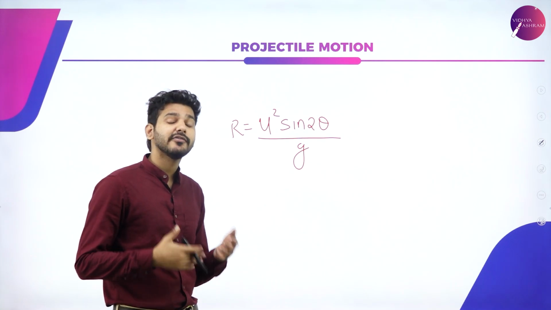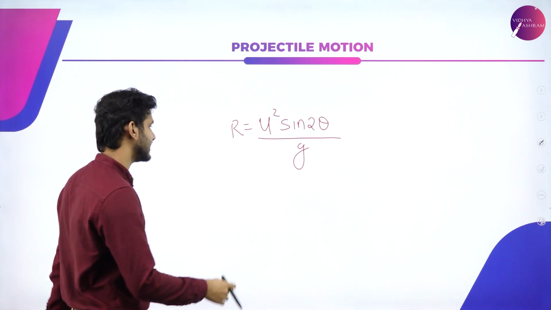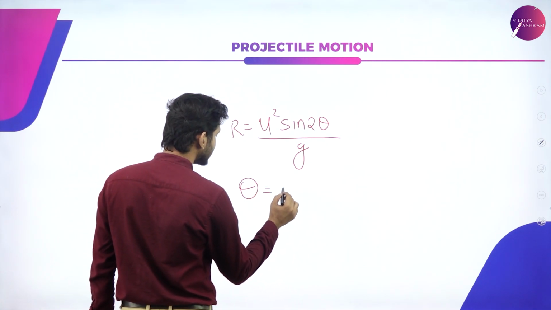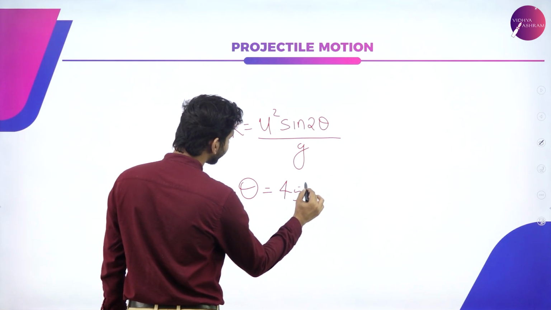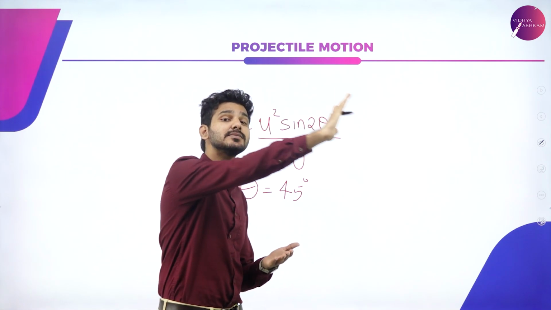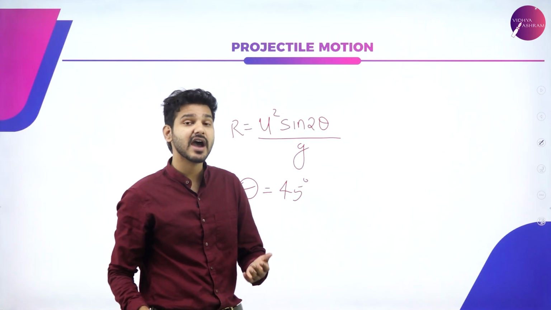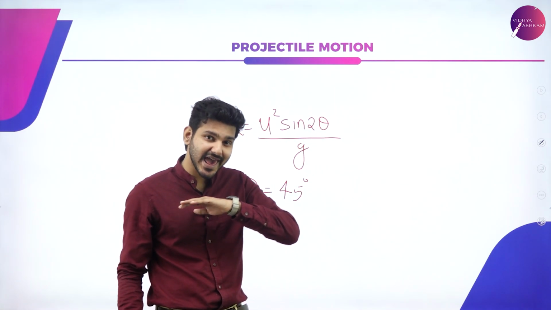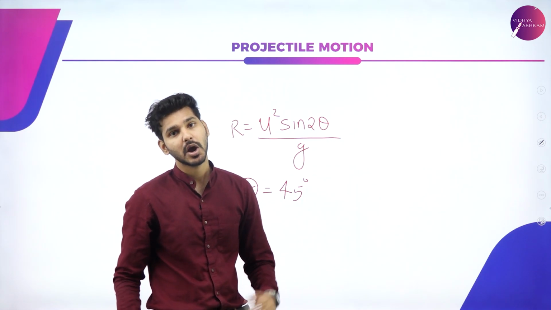In the case of horizontal range, theta is equal to 45 degrees. In order to get the maximum distance covered, we have to throw the object at an angle of 45 degrees. Why?